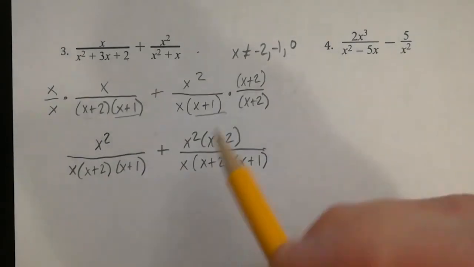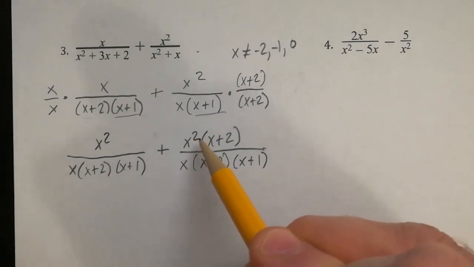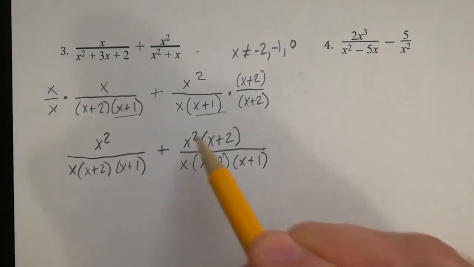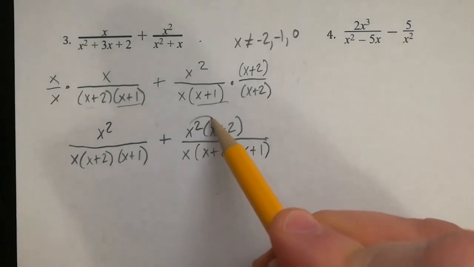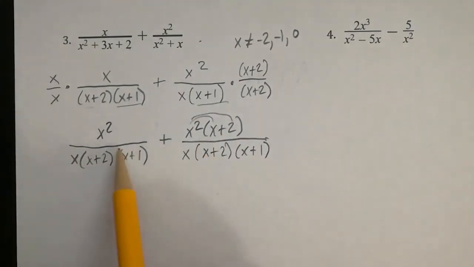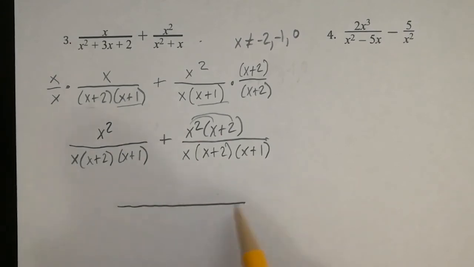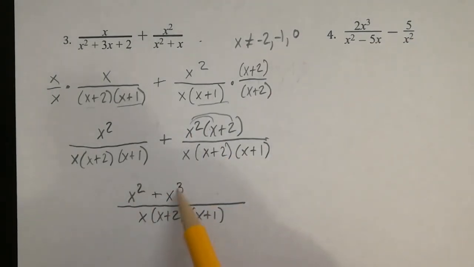Now I'm going to probably do two steps at once here, if we're comfortable with that. I'm going to distribute this, but then also put my result plus this over the common denominator here. So here's my common denominator. And then I'll have that x squared. And x squared times x, that's x to the third. And then x squared times 2, that's 2x squared.